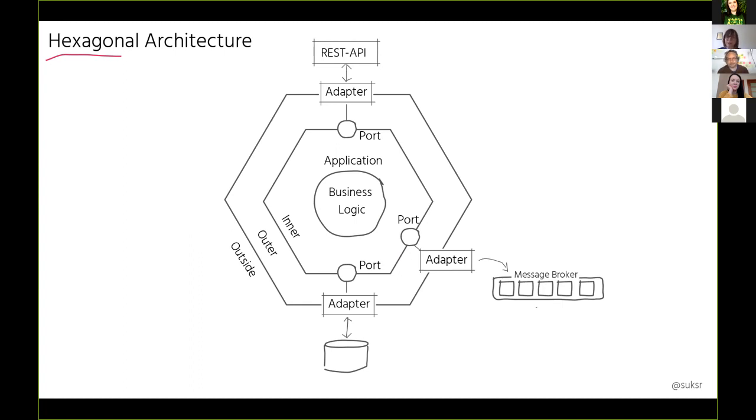The hexagonal architecture categorizes your software components into an outer and an inner part, where ports and adapters are used to connect from the outside to the inner part and from the inner part to the outside. I will give an example later on.